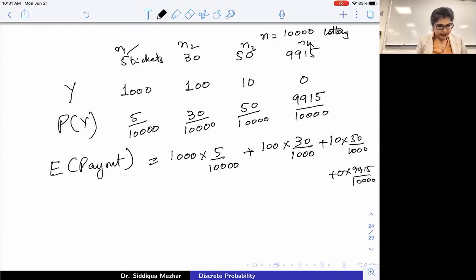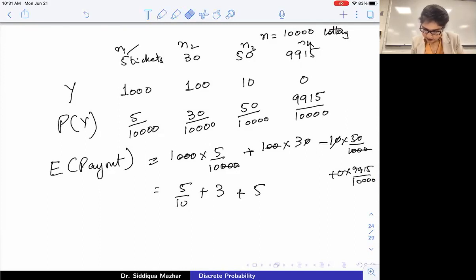Now you have to calculate. So these zeros go with this, these three will go with this. Oh, I made some mistake. 10,000 is not 1,000.